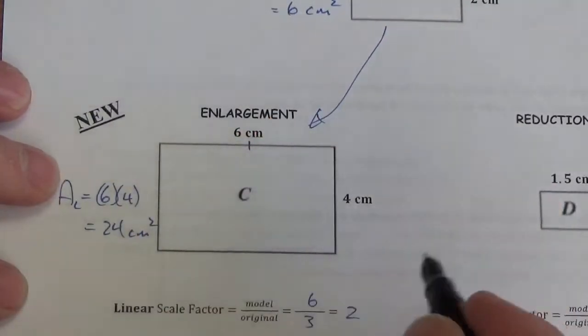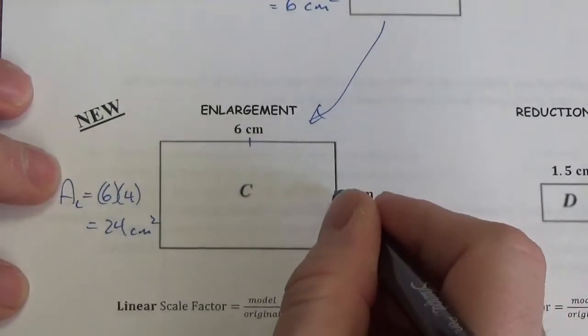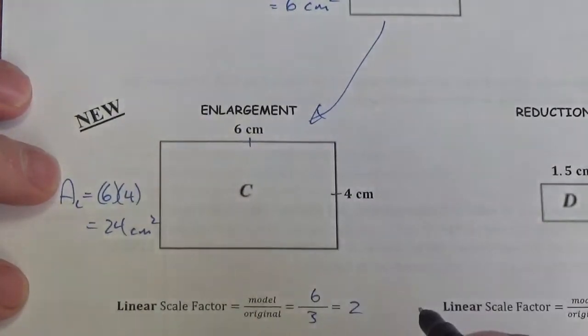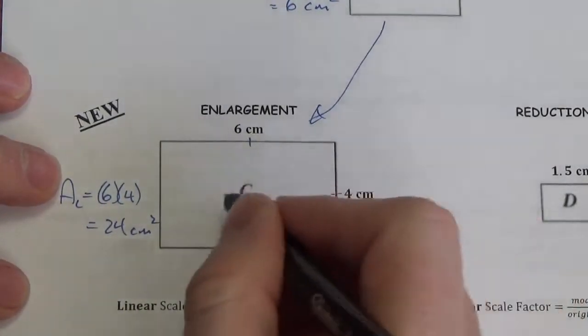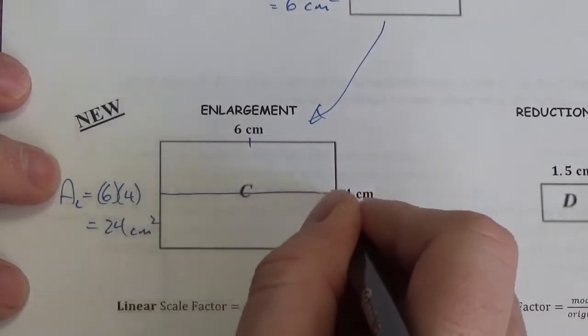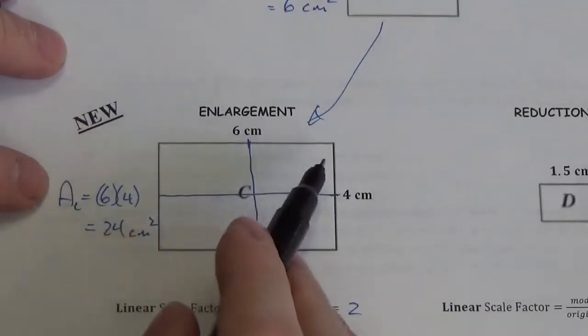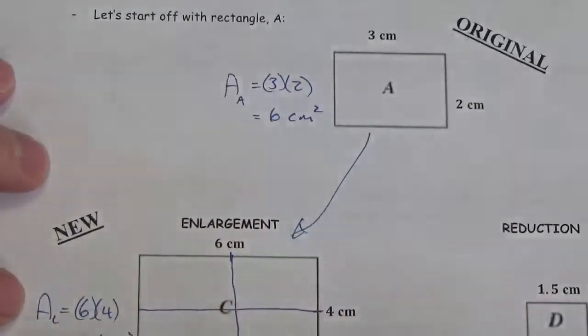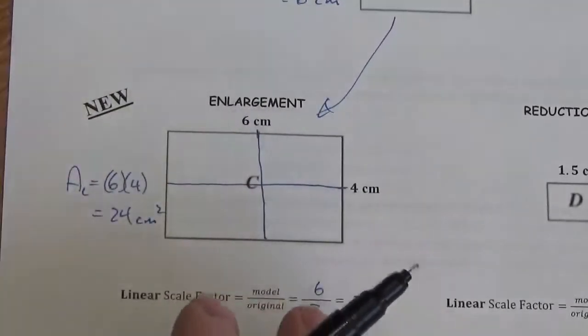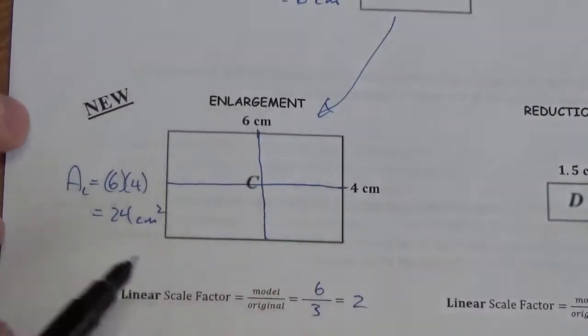So is this. If I cut the width in half, that is the width of the original, and so is this right here. By just drawing those lines through, look at that, each one of these would be equivalent to the original. And so that's why it's 4 times as big.